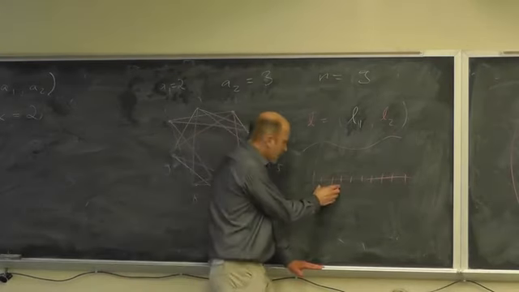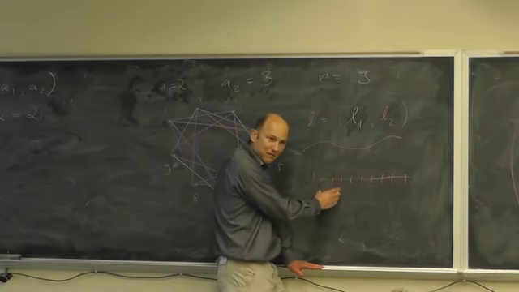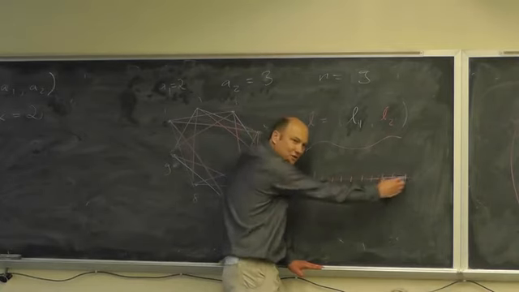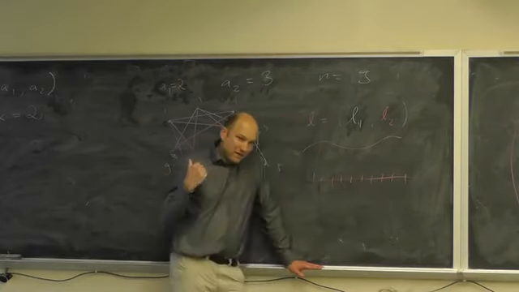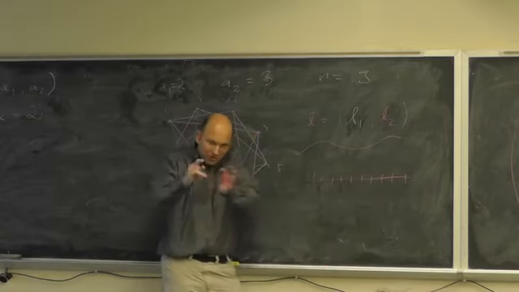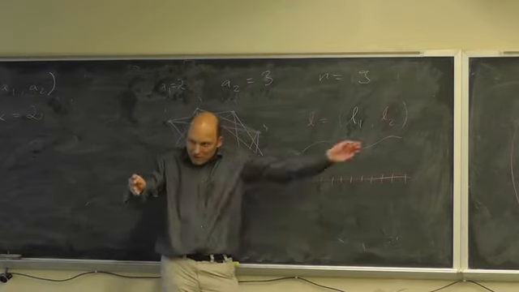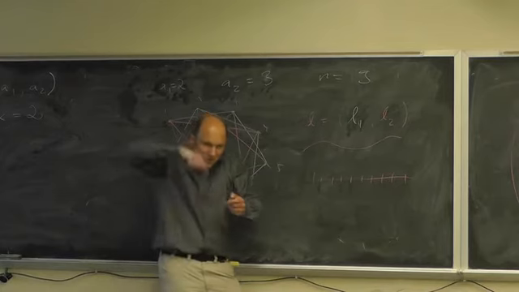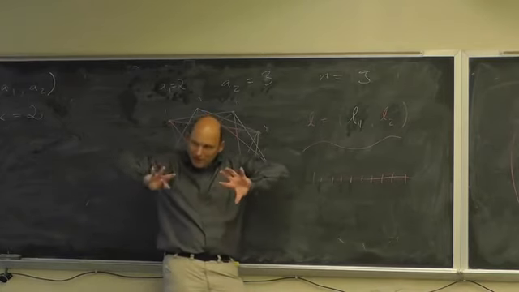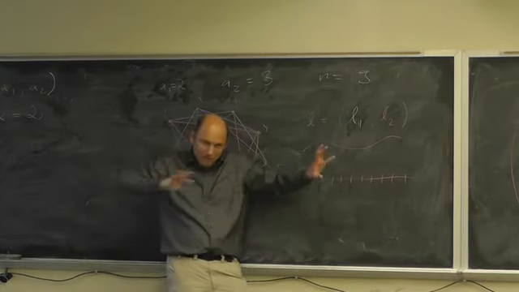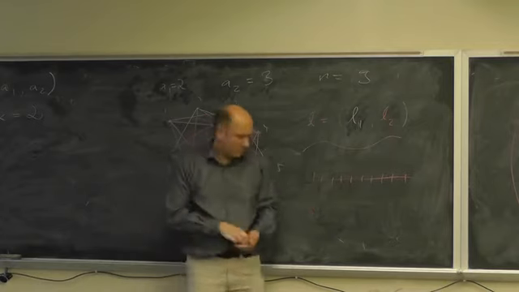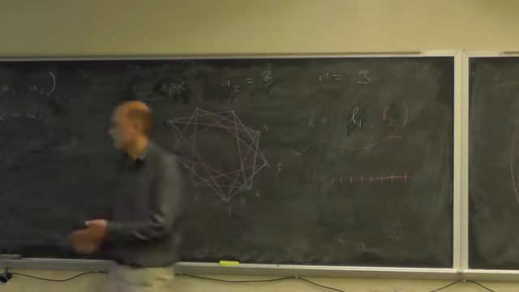But this answer would depend on whether you pick them at random from this stretch, or from this stretch, or from this stretch. If the answer is independent of how you choose your set D, it means this thing is really fluctuating wildly, and things become independent in different patches. Yeah? So this is an important point.